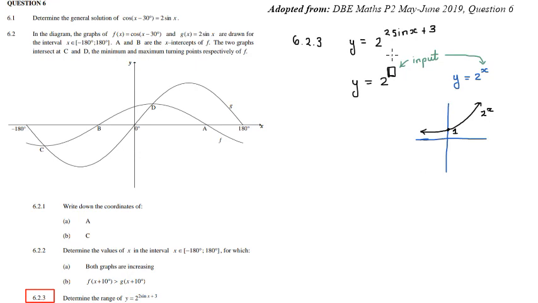So now recognize the fact that the input, what we've put into this box, is not just an x. We've now inputted 2 sine x plus 3. Now if you think about this function itself, we know that it is obviously going to go up and down, because that's what a sine function does.